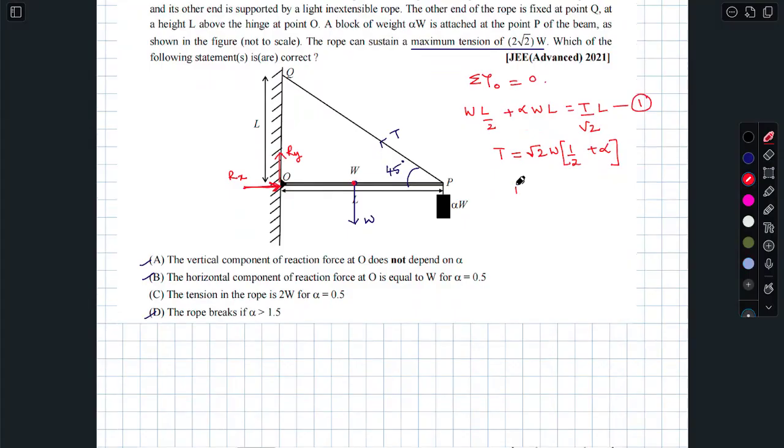Here in this case, Rx becomes T by root 2, according to sigma Fx is equal to 0.